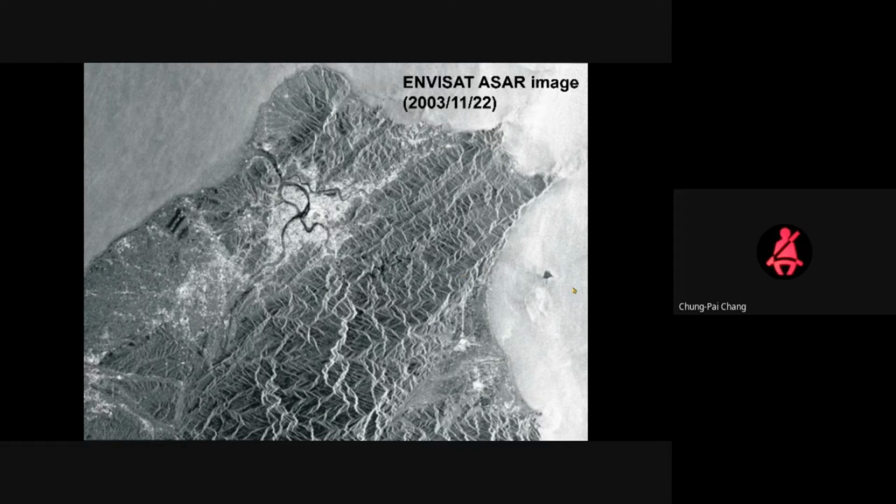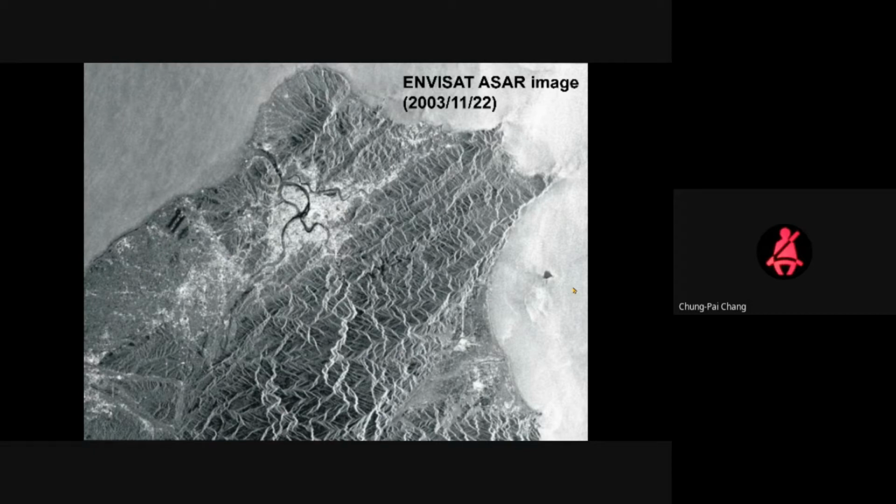So this is descending mode. Normally the descending mode is in the morning and the ascending is in the night. So we can say that it's the morning of this day, the satellite passed to the east, from the north to the south, and from the east of Taiwan acquired these images.